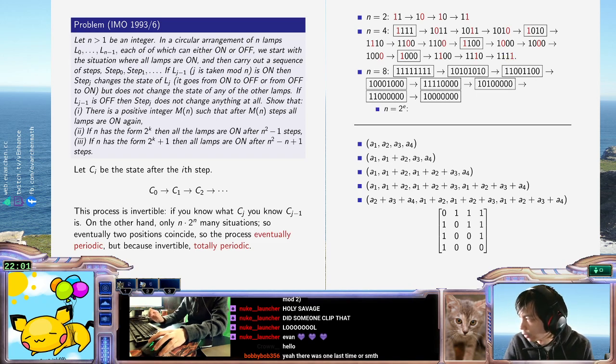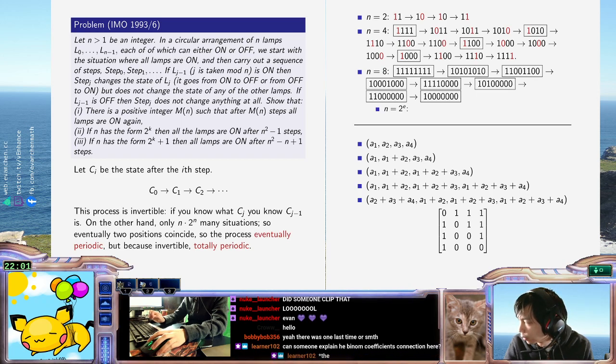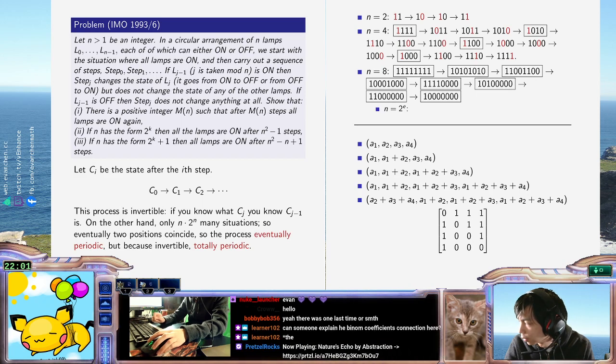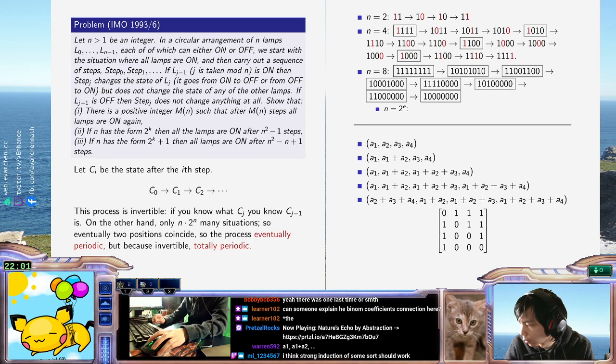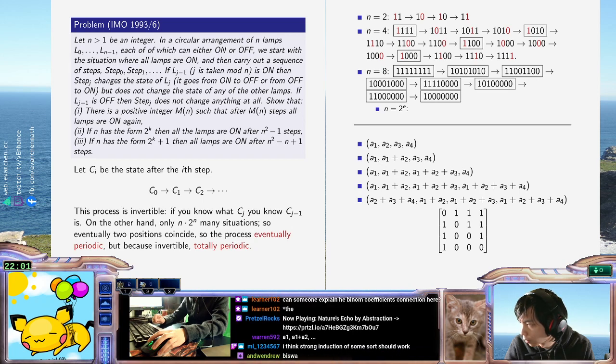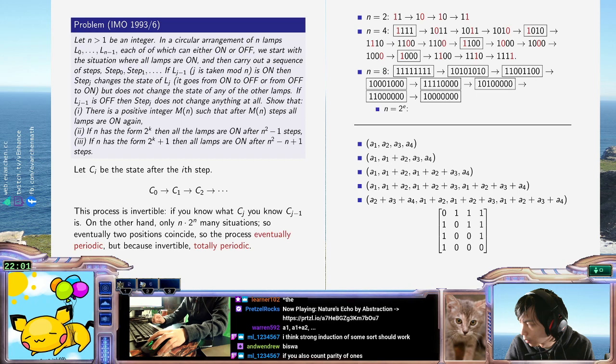So the second string is always 10101010, and then it's 11001100, and then 100... Like, if this was 16, this would be 100, 100, 100, 100.